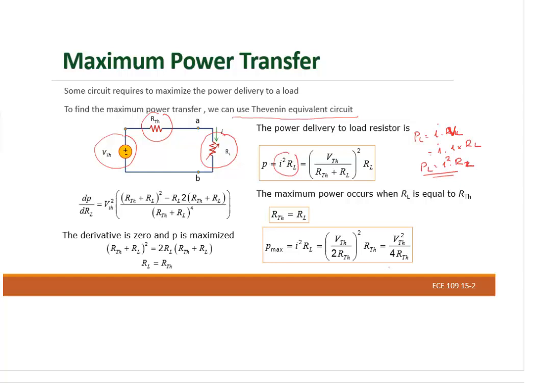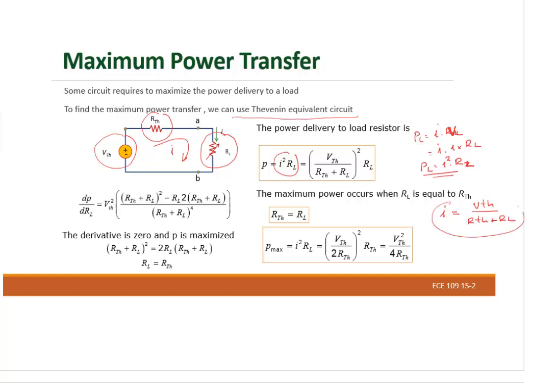How can we find the I? If I look at the circuit here, this is our I right there. I should be equal to VTH divided by RTH plus RL.